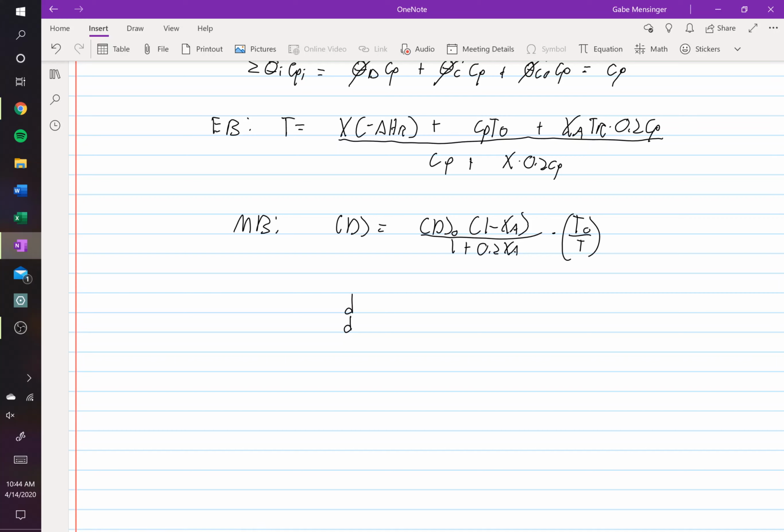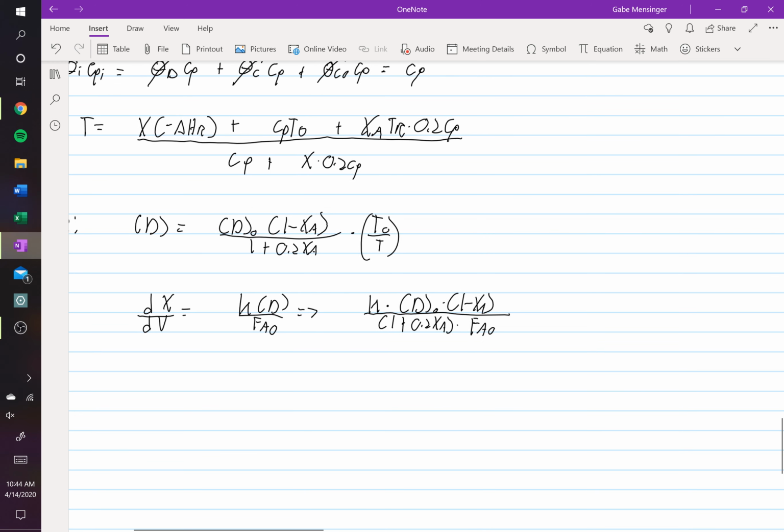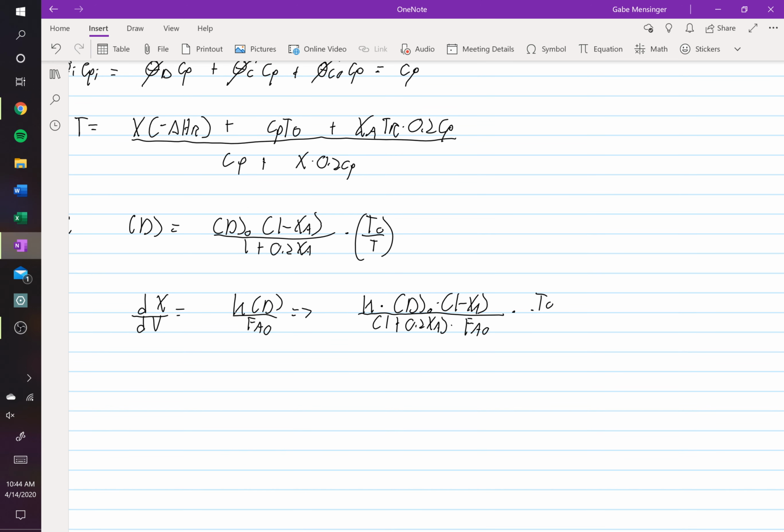Okay, other way. dx over dV is just equal to our reaction rate over our molar flow rate, which we can write out to be K times D naught times 1 minus XA over 1 plus 0.2 XA times FA naught, or FD naught, I guess, times T naught over T.